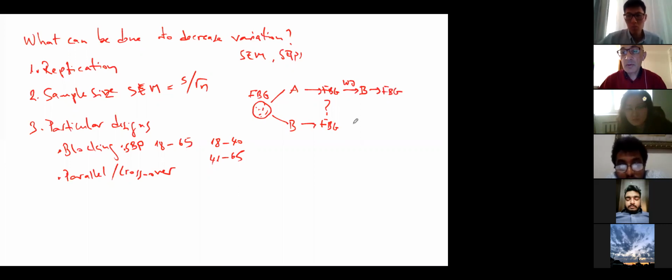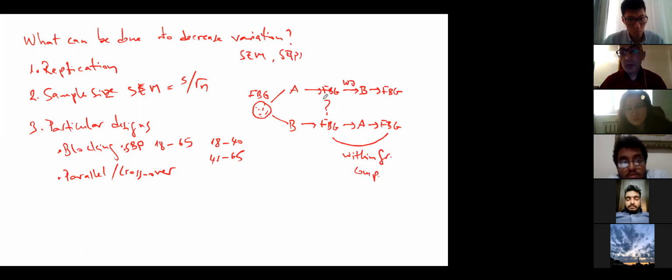This group receives, in this case, the medication A. And you measure the fasting blood glucose again, also in this group. So this is allowing you to compare within groups, within group comparison.